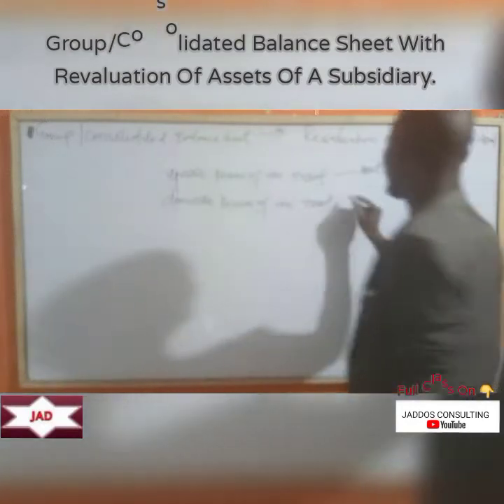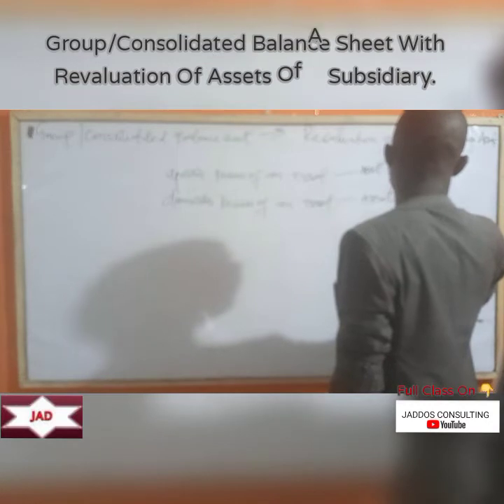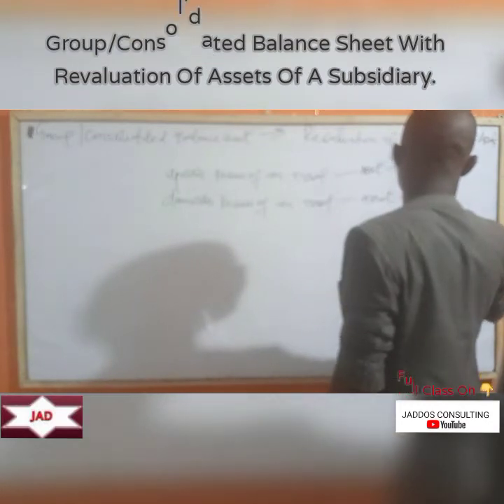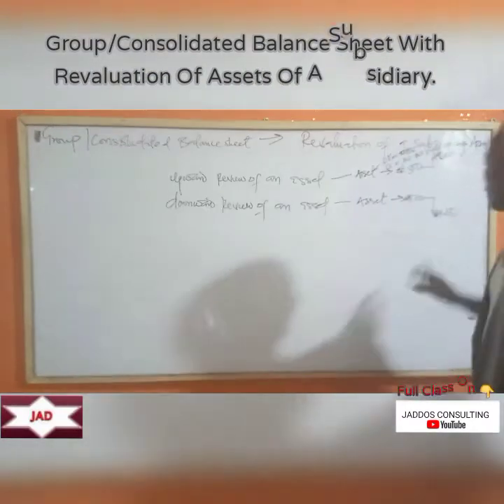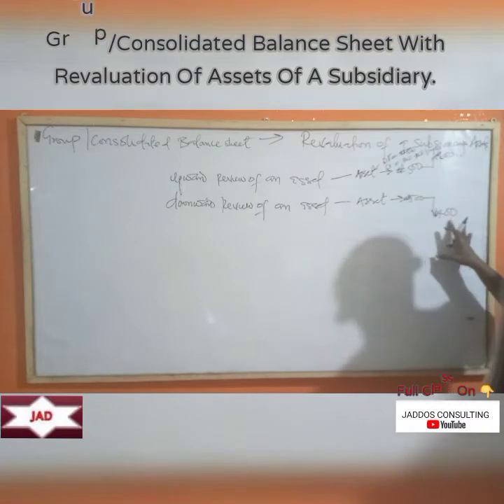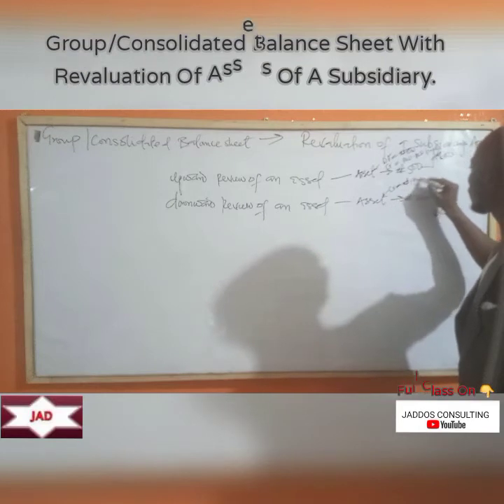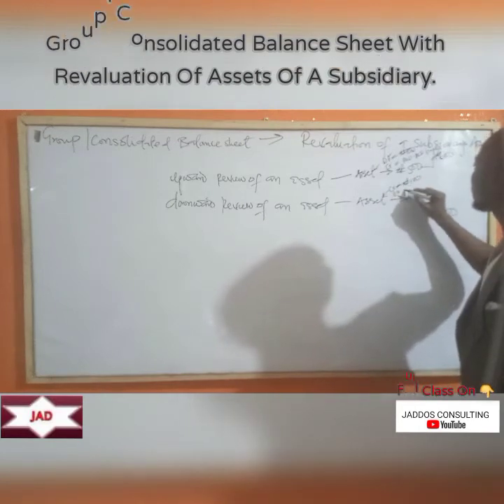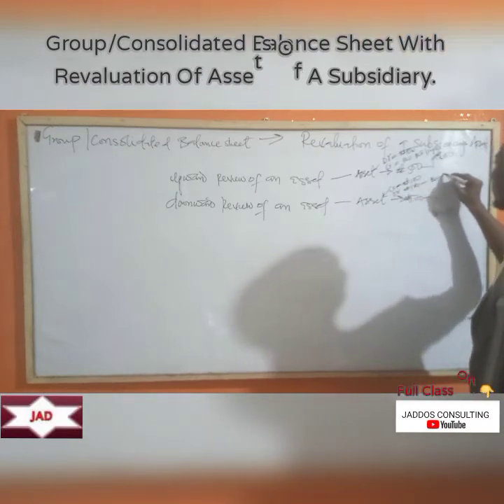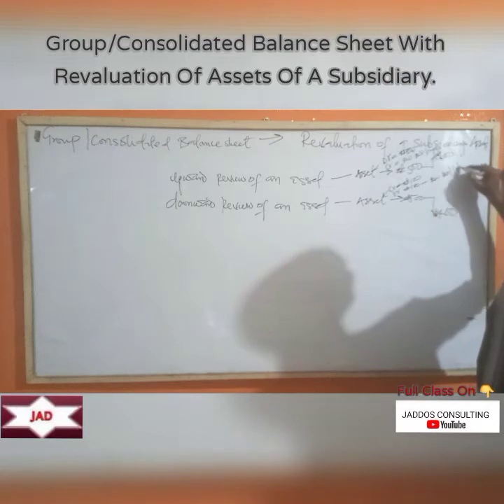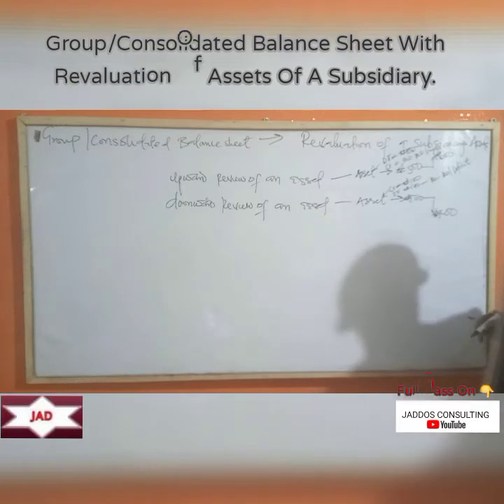Now you can have downward review. Let's say the asset is 500 naira still, but now it's coming down to 400 naira. In this case, the asset is credited with 100 naira. There is a debit of the same 100 naira to revaluation reserve, or what we call revaluation deficit.